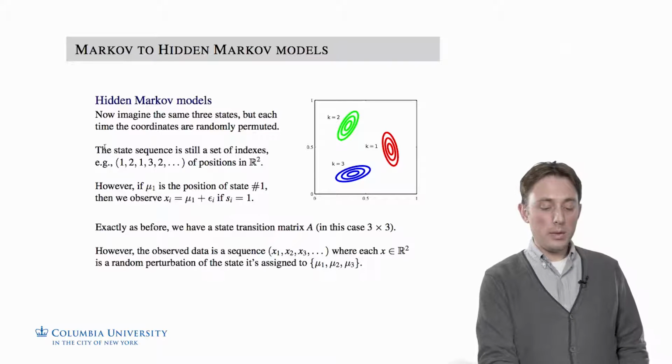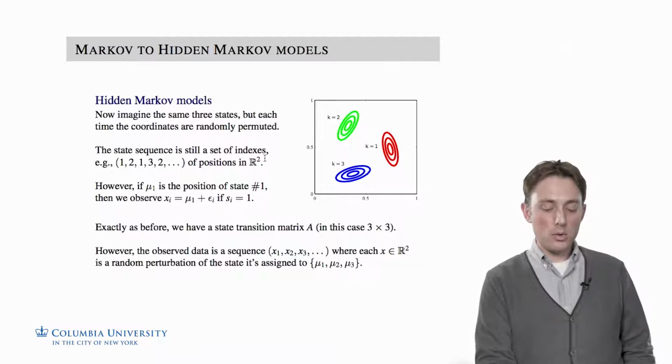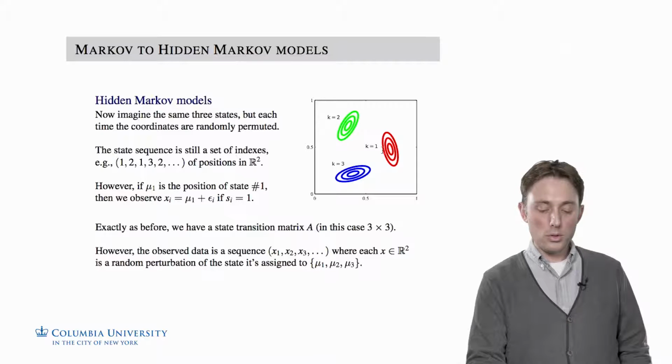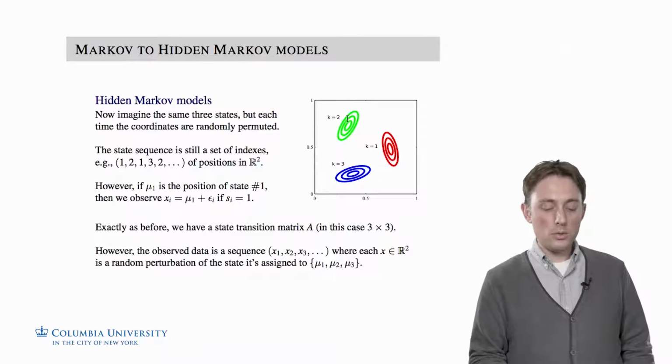So again, we have the same sequence of states according to a Markov transition matrix A, where we have the same transitions, for example, 1, 2, 1, 3, 2. Same positions in R2.